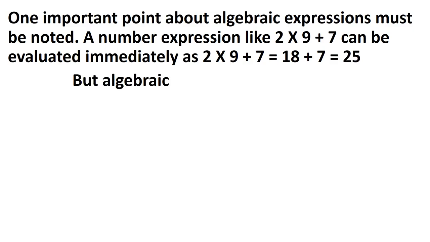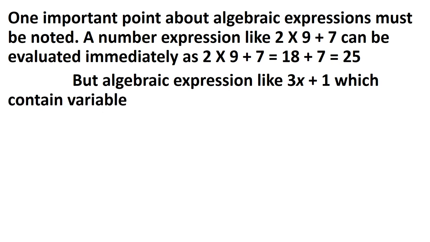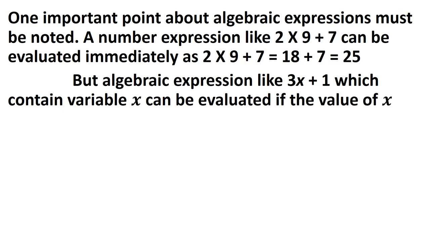But an algebraic expression like 3x plus 1, which contains variable x, can be evaluated only if the value of x is given. Without the value of x, we cannot evaluate any algebraic expression. Without the value of the variable.